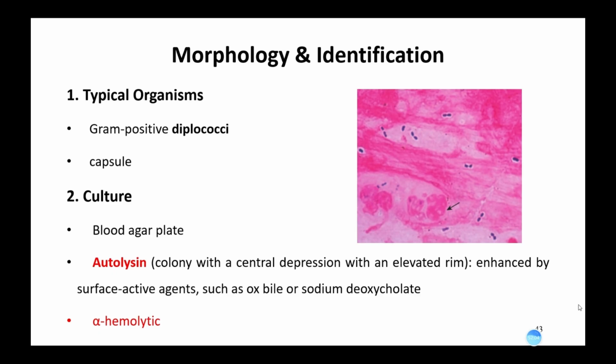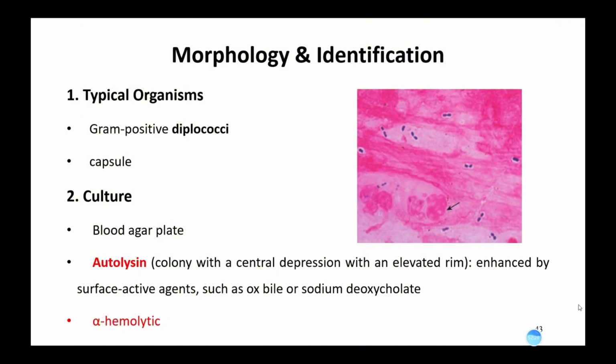Even though it belongs to the genus Streptococcus, Streptococcus pneumoniae usually, like this, are diplococci. They don't form long chains, but they form pairs. So it's diplococci in pairs and gram-positive.